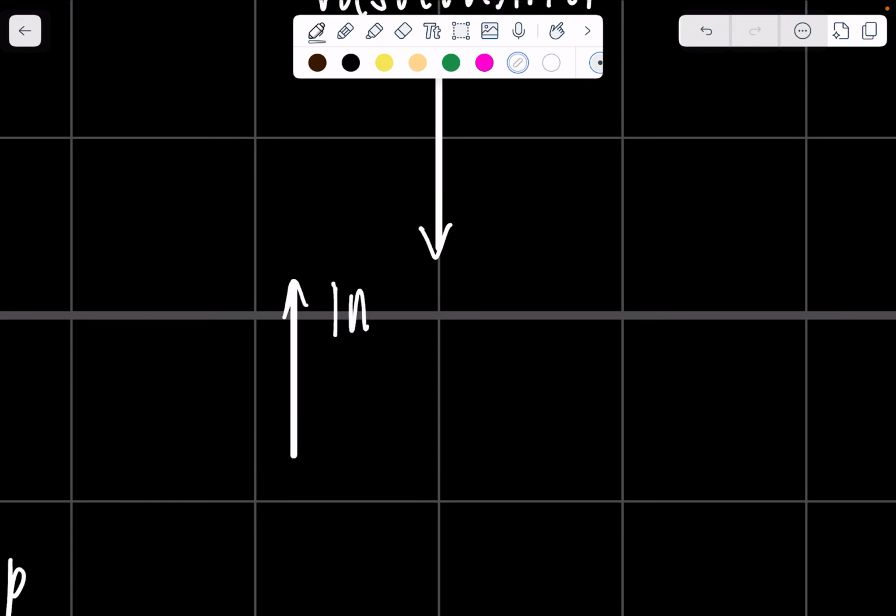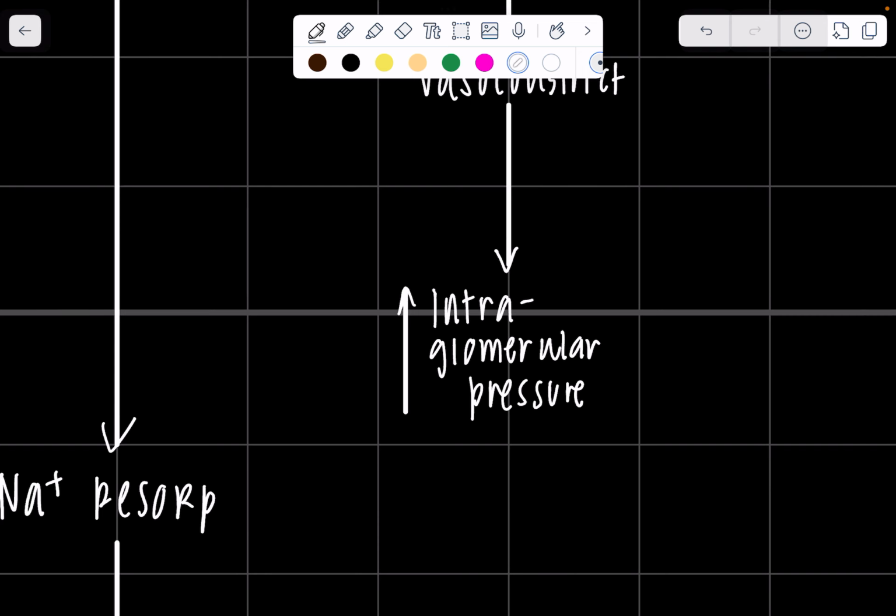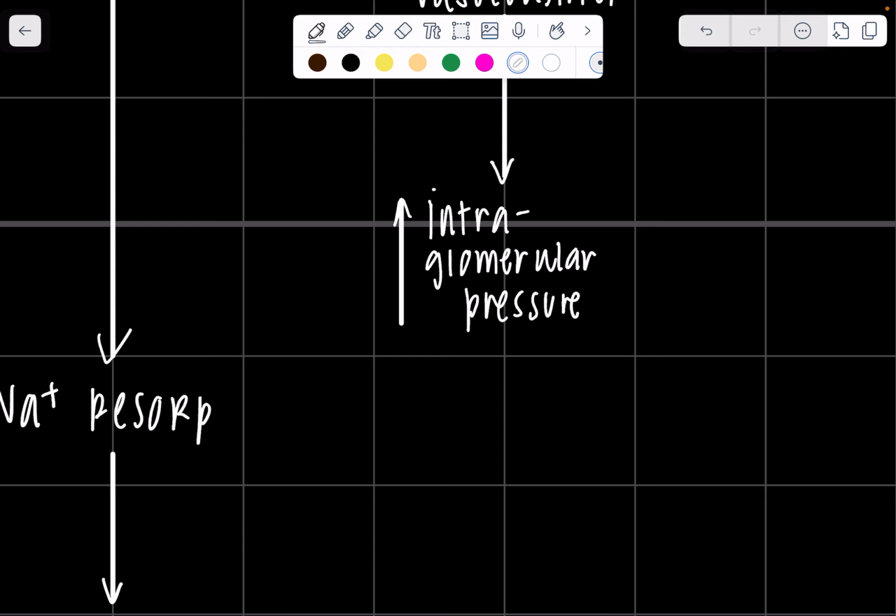So it'll cause an increase in the intraglomerular pressure, right? That squeezing of the vessels will cause a pressure increase within the filtering unit, i.e. the glomerulus of the kidney.